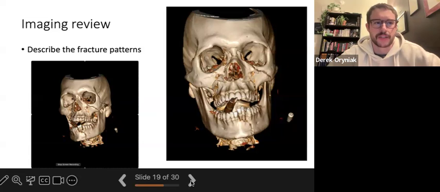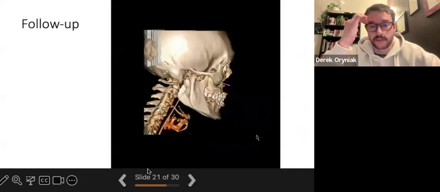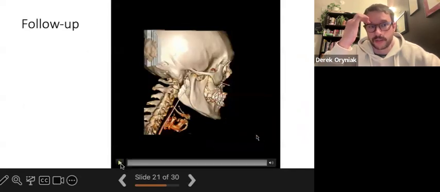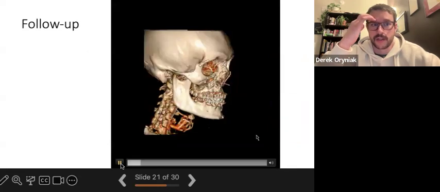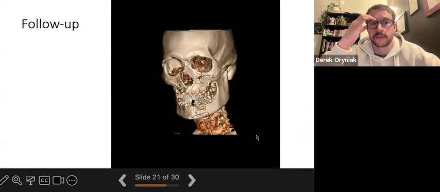Then we extended a very small laceration over the left NOE, just under the brow, and then did a similar incision on the right side. The patient healed with almost imperceptible scars. For the inferior orbital rims, we did a subciliary approach in a nice crease, and again he has almost imperceptible scars.